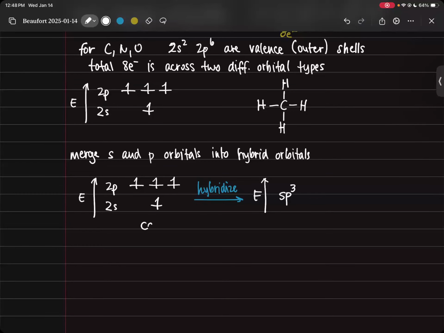And we have to conserve the number of orbitals, which in this case is 4. So when we hybridize the s and p orbitals, in this particular case, we get 4 sp3 orbitals. And those are all the same in energy. And so that satisfies the fact that all of the CH bonds in methane are the same.